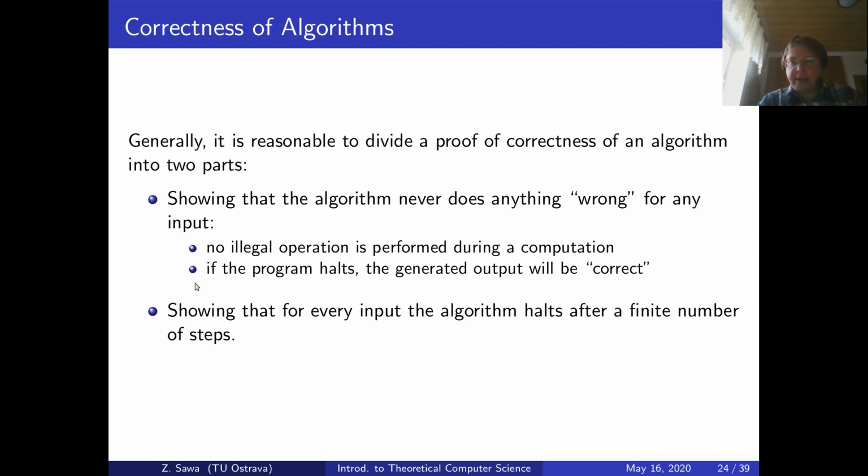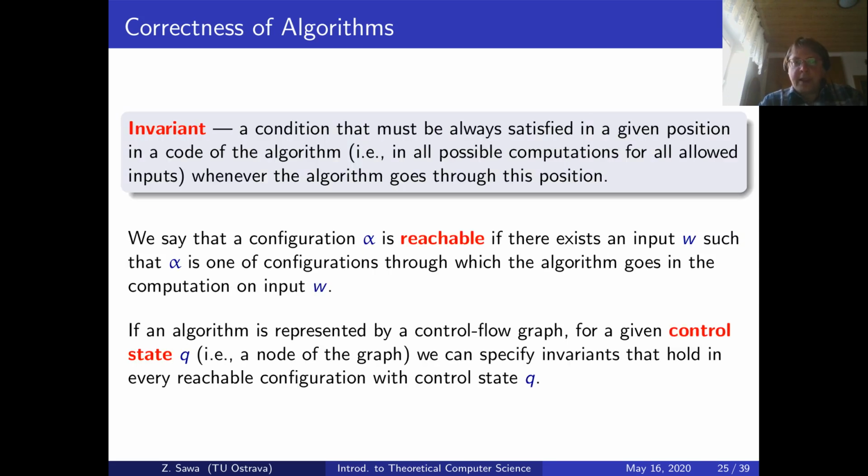Let's concentrate now on showing that the algorithm does not perform anything wrong. One notion which is quite useful for this is the notion of invariant. An invariant is some kind of condition that is always satisfied during the computation, and typically this invariant is related to some particular position in the code.